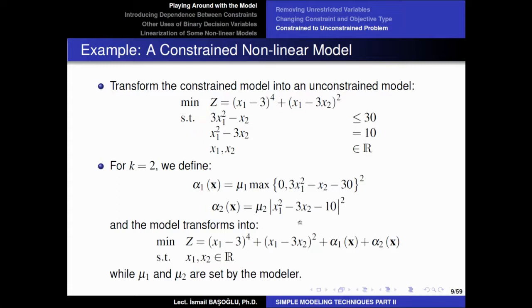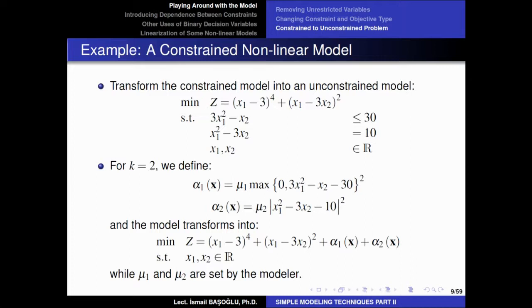So again, it is up to the modeler how you are going to choose the mu1 and mu2 penalty coefficients. Again, you can choose a different positive integer other than 2. Maybe you can choose 3 or 4, depending on how you would like to solve the problem.